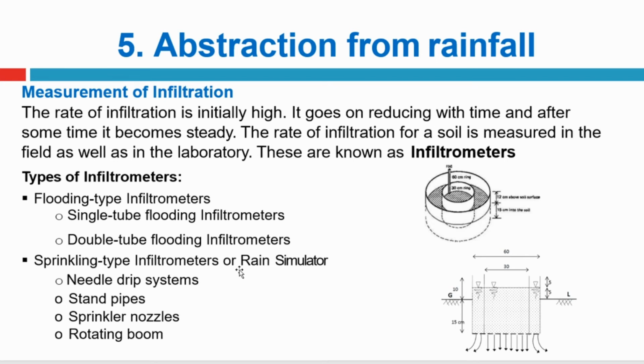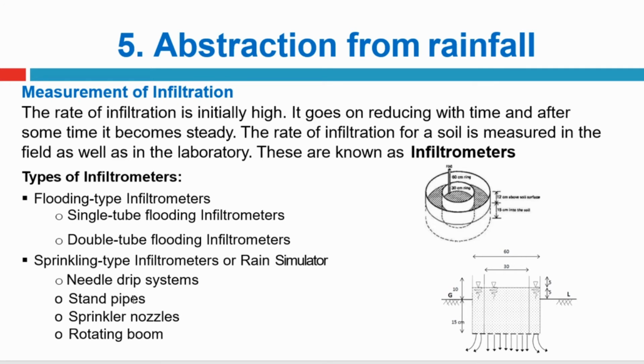So we have to use a given zone or area, and there we need to create an artificial sprinkle. As you can see, the sprinkler can be an artificial way of creating rainfall. These are some of the methods through which we can create rain simulation in an infiltrometer: the needle drip system, standby pipes, sprinkler nozzles, and rotating boom.